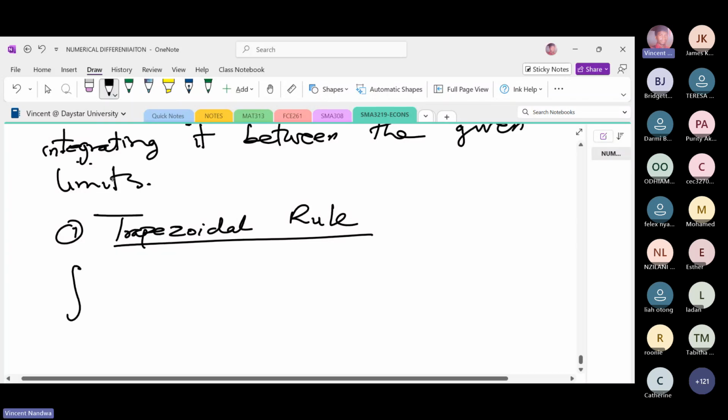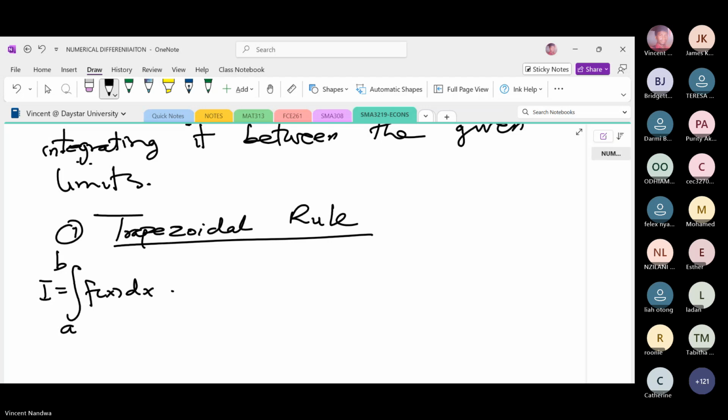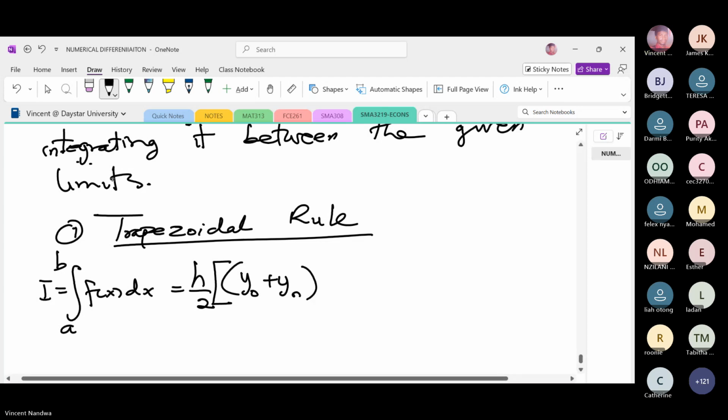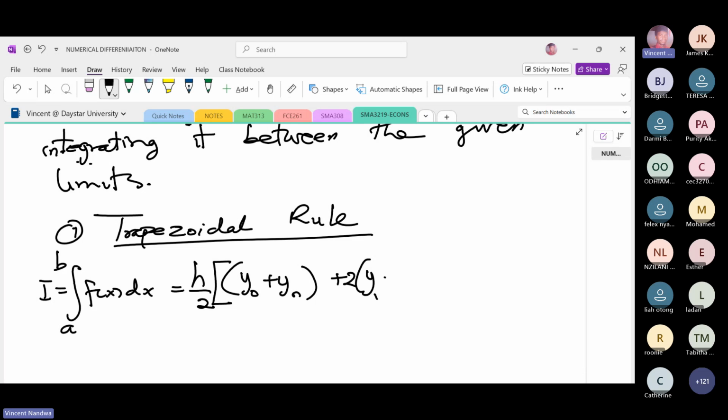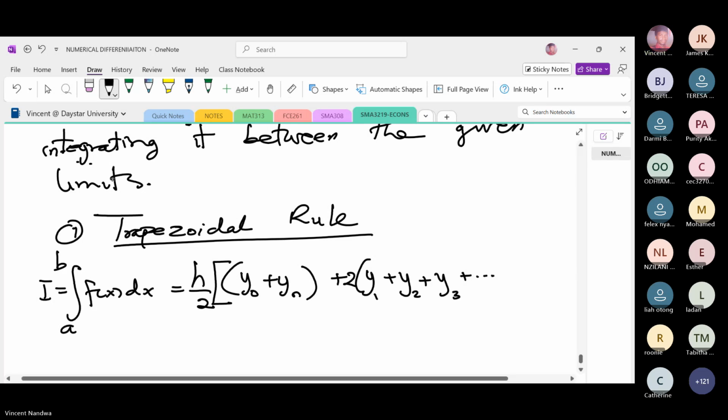So to evaluate the integral from a to b of a function f of x with respect to x, we'll have h over 2 into y naught plus yn, plus twice y1 plus y2 plus y3 all the way to yn minus 1.